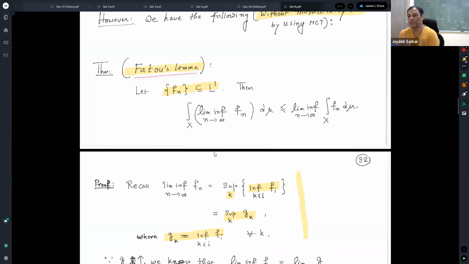The dominated convergence theorem is also there, but I'll not talk about it. Let's talk about these two. That's also a consequence in a sense of all this. So you are going to think about MCT or Fatou's lemma. One of these three you are going to apply.